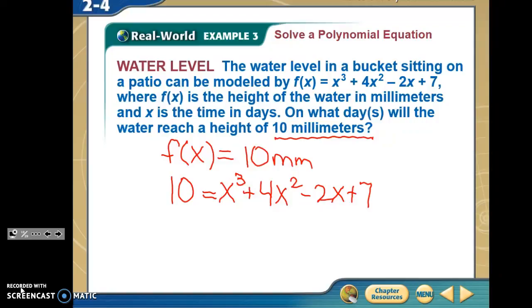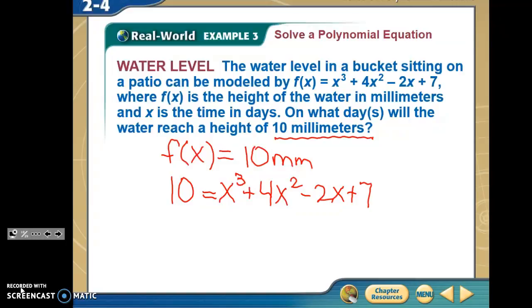All right, I want to solve this. If I'm solving it, I want to know where those are equal. Where do they intersect? Where are they crossing?